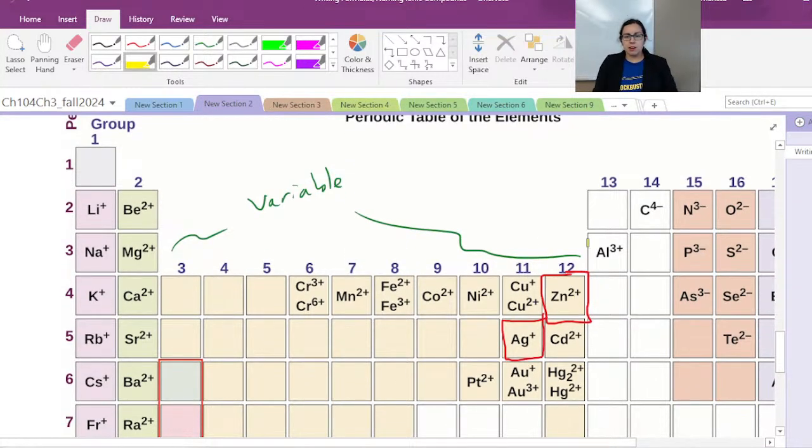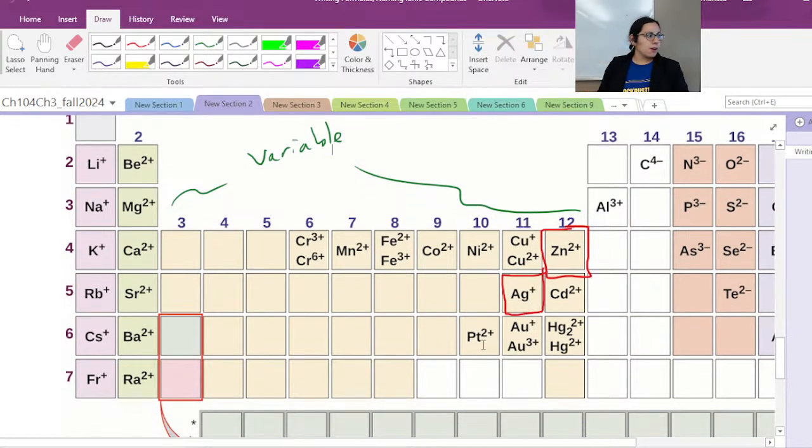Zinc is always 2+, so we don't need to say that. And silver for our Gen Chem purposes is always 1+, but in the research world, silver can take other oxidation states. For naming, it's always 1+, so we don't need to indicate it in our class.